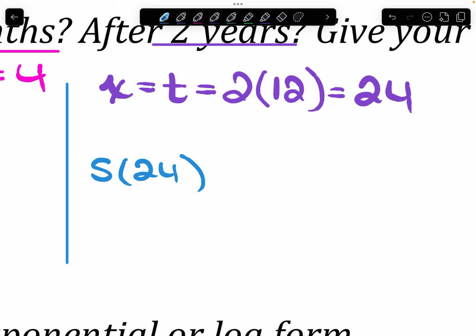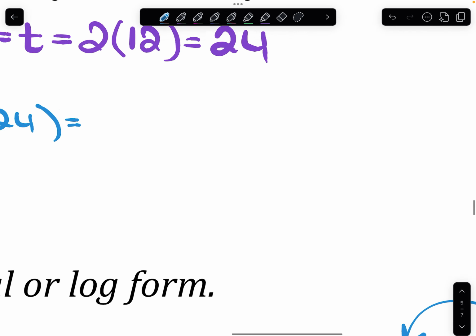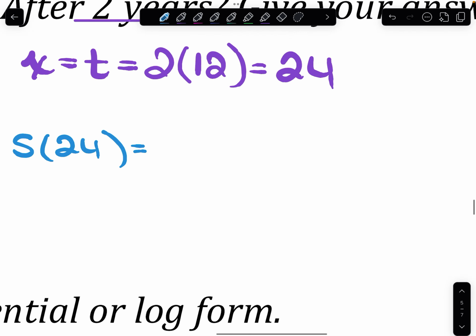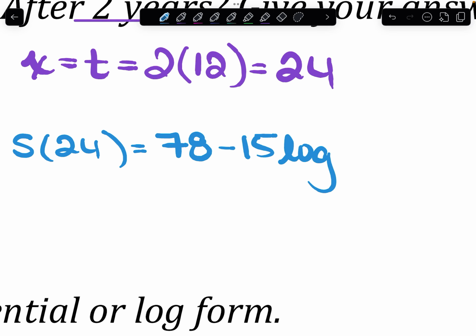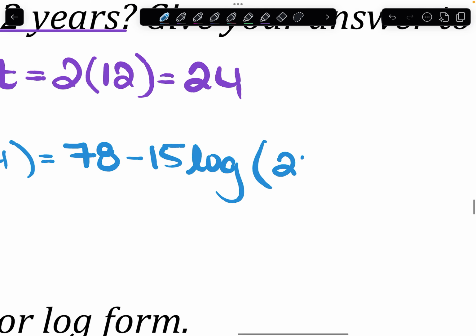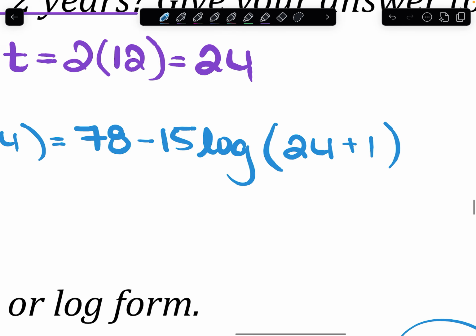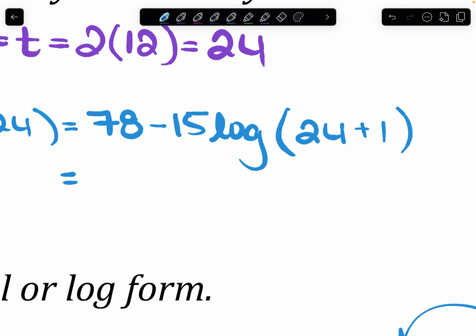So S of 24 is 78 minus 15 times the log of 24 plus 1. And then we push some more buttons on our calculator carefully. And what we get is 57.030. And then we go read to answer, make sure we answer it.